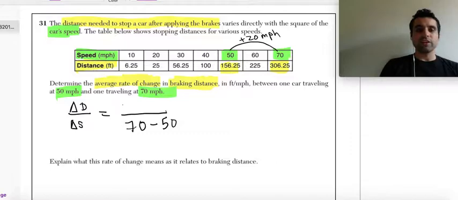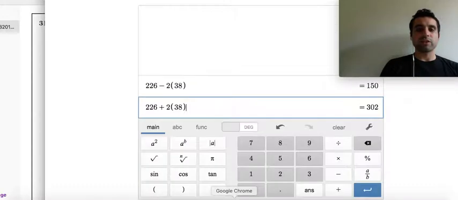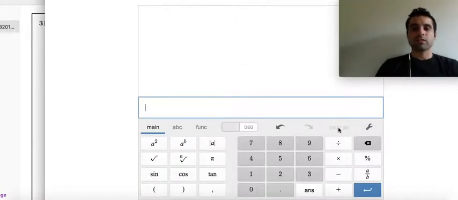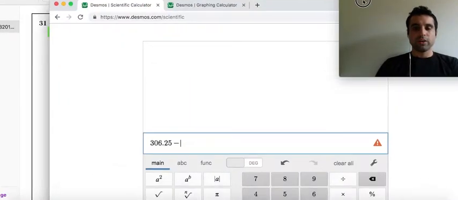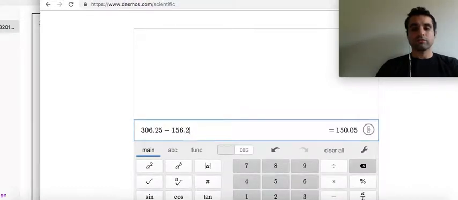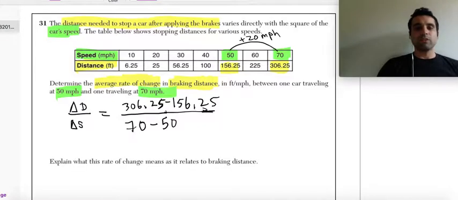If I do 306.25 minus 156.25, you could just put that in the calculator. I would suggest putting it in the calculator, just to make it quick and avoid errors, right? So 306.25 minus 156.25 is 150. So it becomes 150 feet, right?